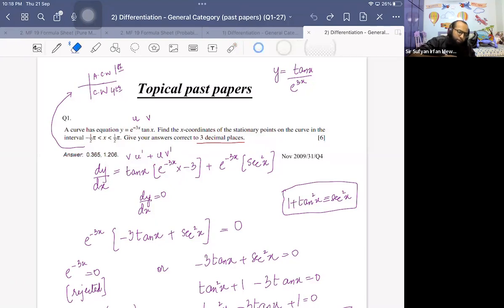I'm not sure why I have written this. Okay, I've written this because if someone shifts the e power minus 3x to the denominator, then it will become tan x upon e power 3x. If someone uses this, then they can use the quotient rule.